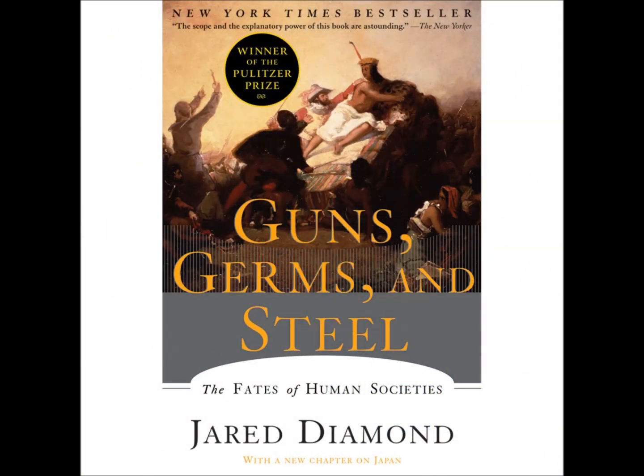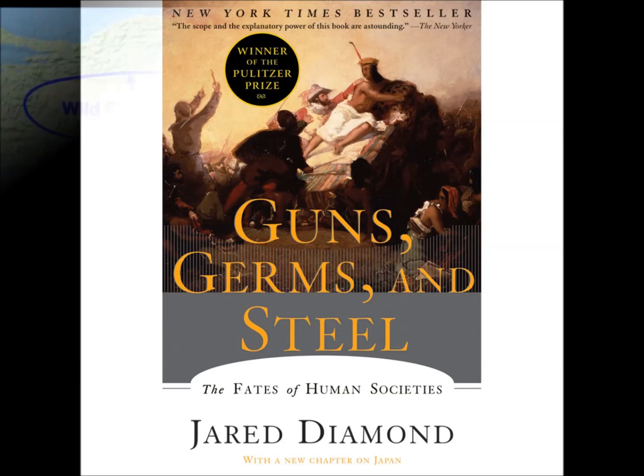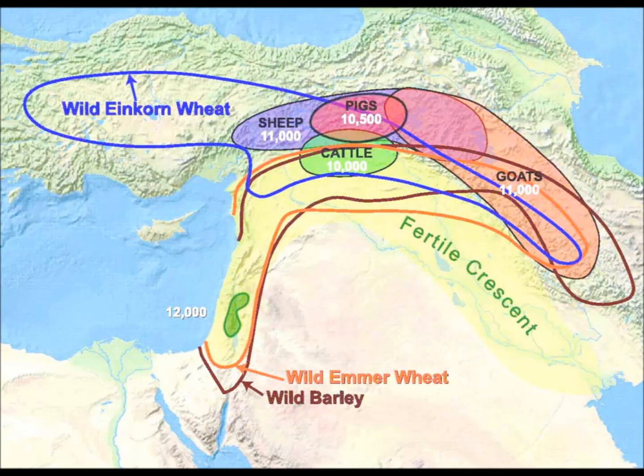The second theory was developed by Jared Diamond. He's a professor of geography and physiology at the University of California. In his book, Guns, Germs, and Steel, he outlines the key elements responsible for the development of advanced civilizations. One of these elements is the existence of local animals that can be domesticated.